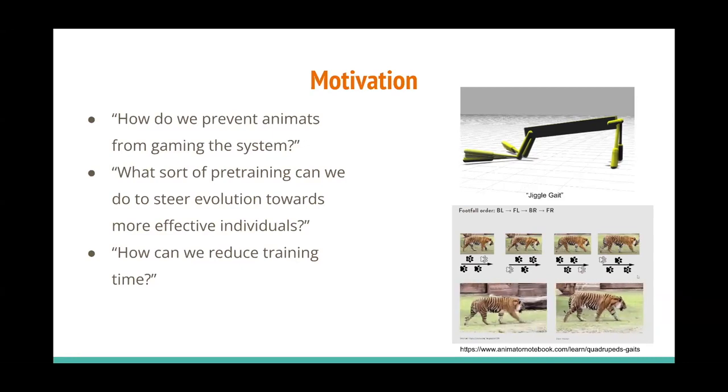Then we started thinking, what if instead of steering away from something, we steered towards something? What sort of information can we give it to make it better instead of just not worse? We also thought we should reduce training time, because it takes forever to train our neural network, and the whole point of evolution is that we could try out a bunch of different possibilities at the same time.